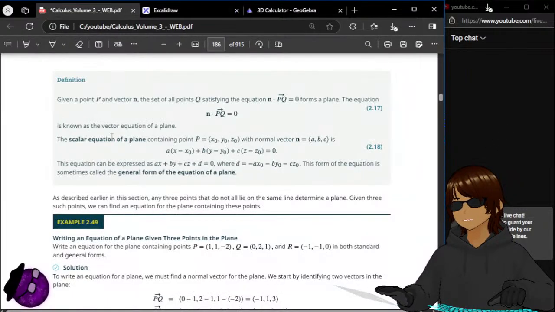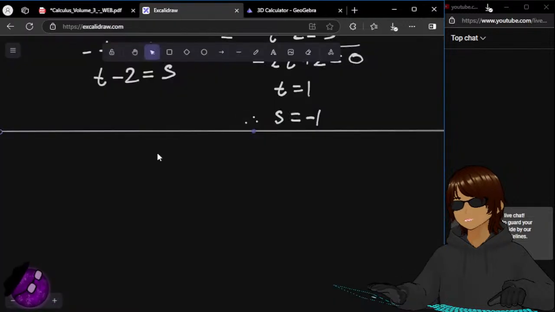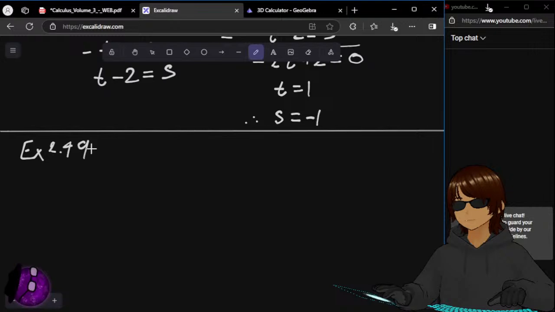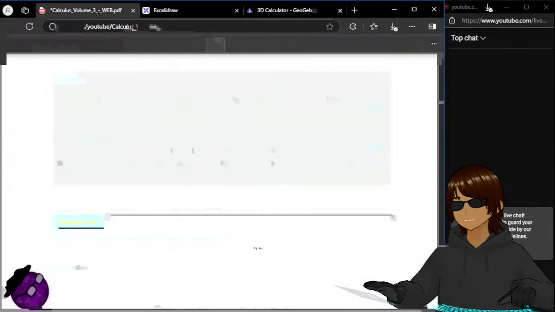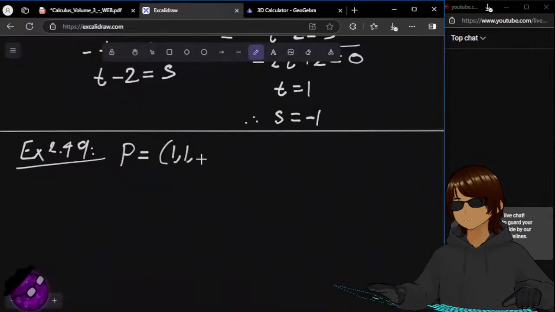So, example 2.49. Point P is (1, 1, -2).